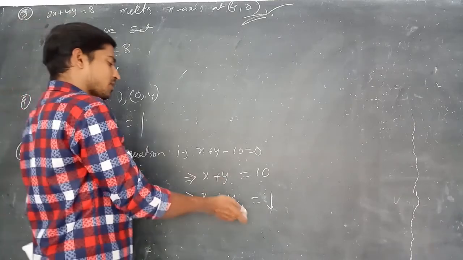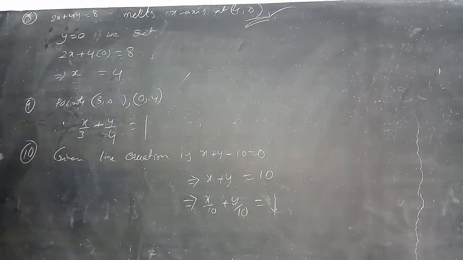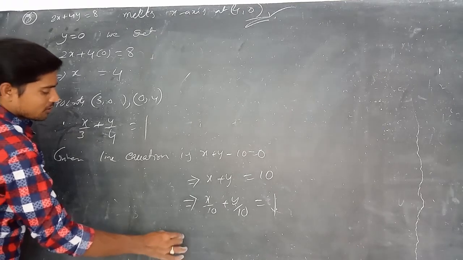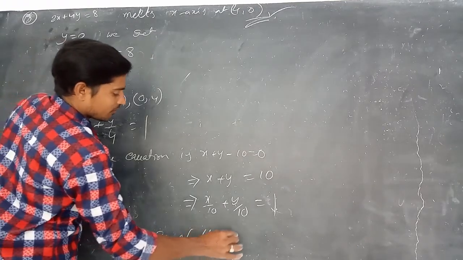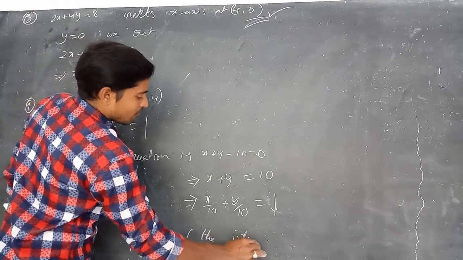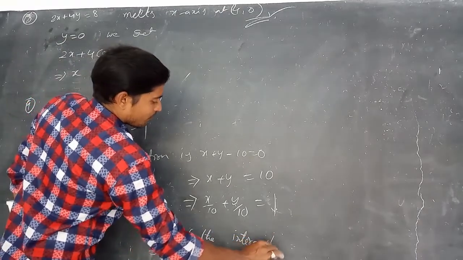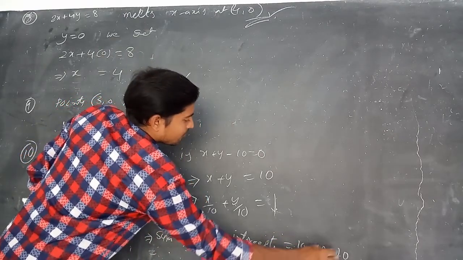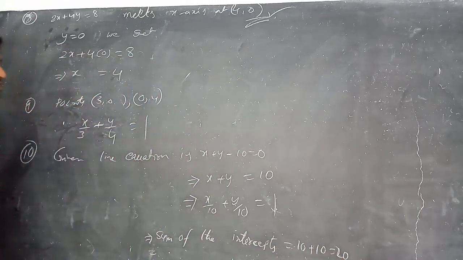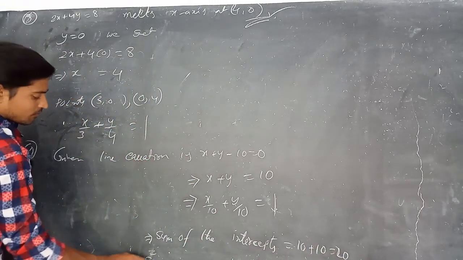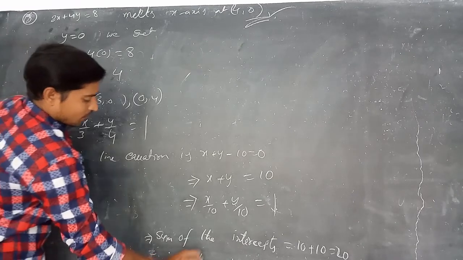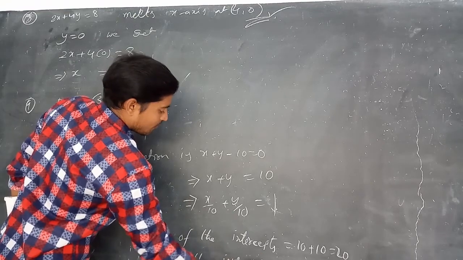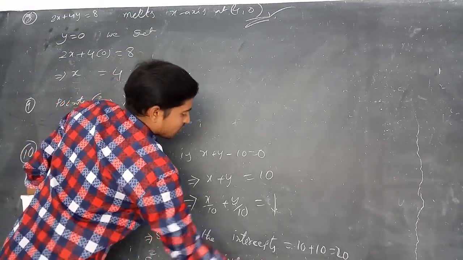X-intercept is 10, y-intercept is 10, but he required sum of the intercepts, equal to 10 plus 10 equal to 20. Therefore, sum of the intercepts is 20. Is 20, right?